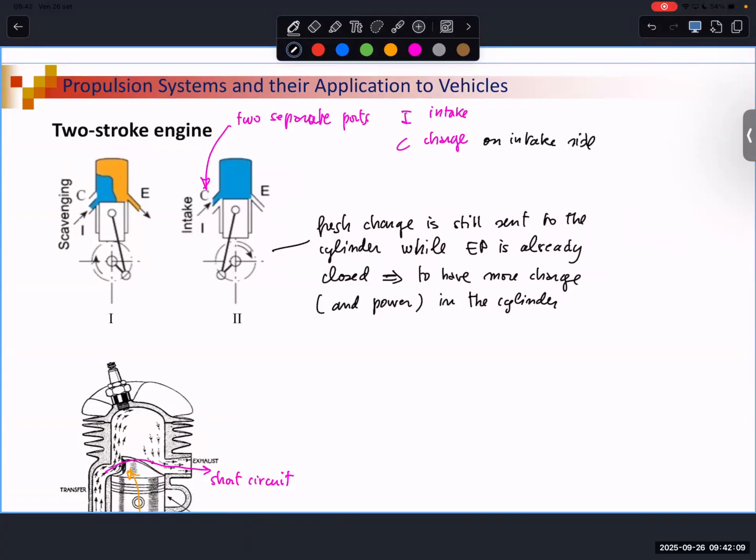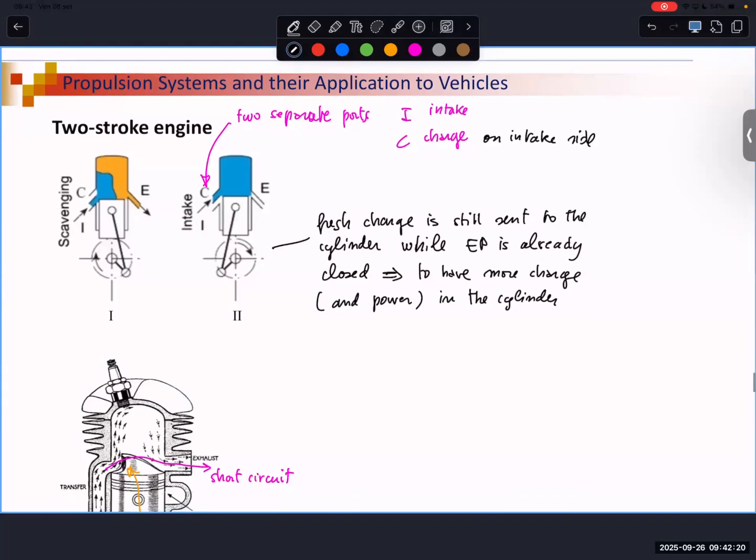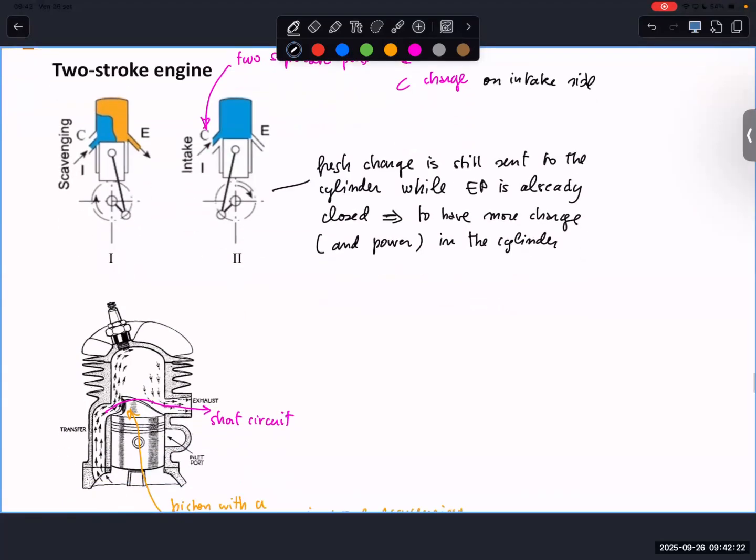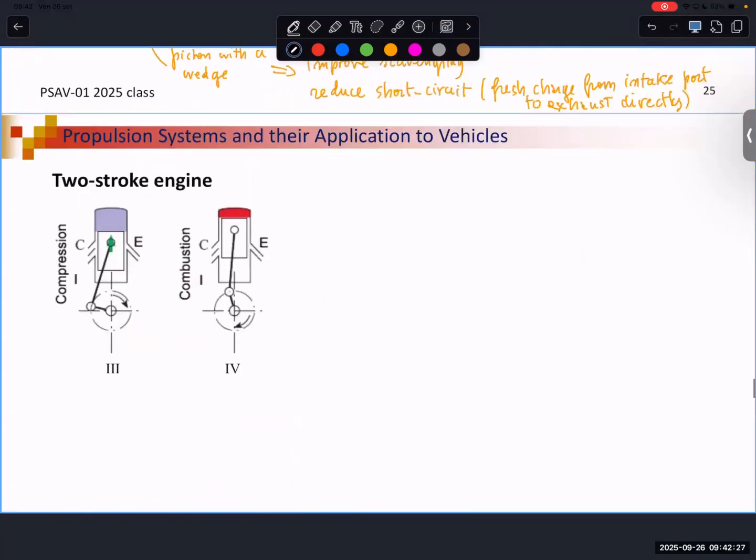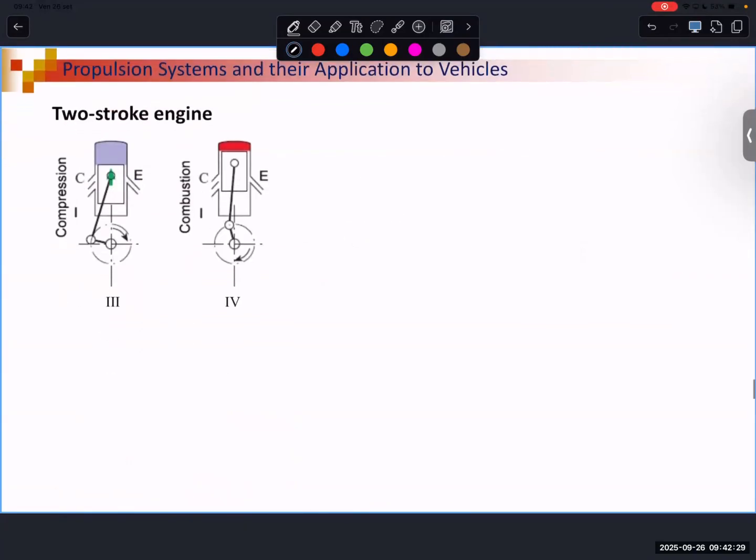These are two. Scavenging is completely new. This intake is slightly different with respect to the four-stroke engine. Let's go to other phases. So first, second, third, and fourth phases are really similar to the four-stroke engine.